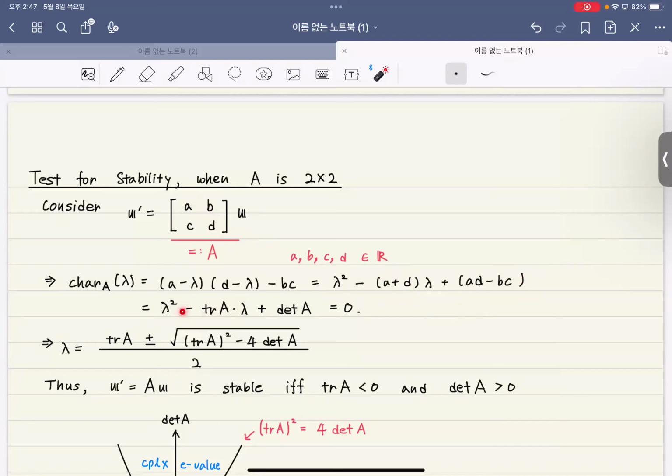So simply, lambda squared minus trace of A times lambda plus determinant equals 0. We are supposed to solve this quadratic polynomial. And the roots of this quadratic polynomial are trace plus or minus the square root of trace squared minus 4 times the determinant of A, everything divided by 2, by using the quadratic formula. You know that, right? So I have two solutions.